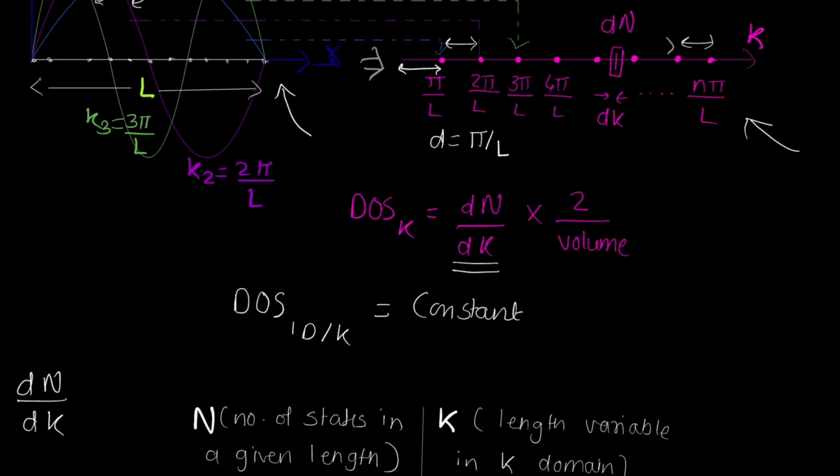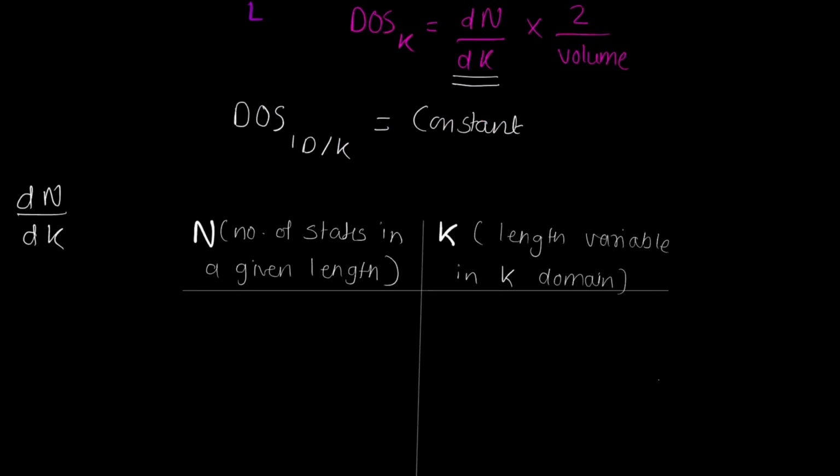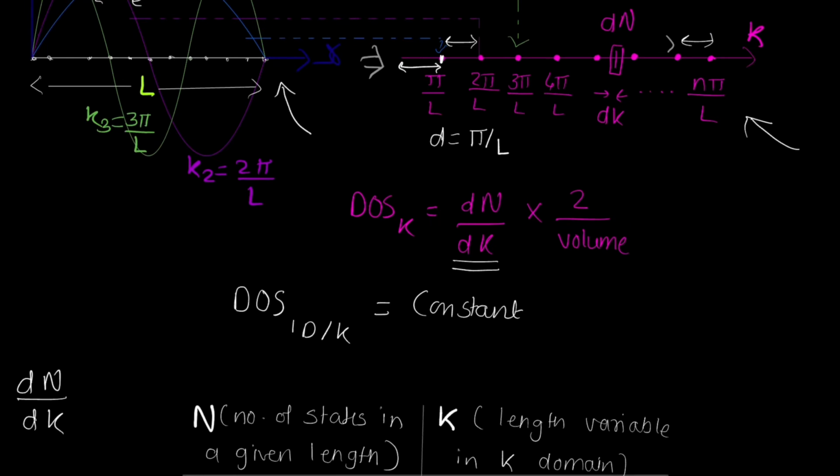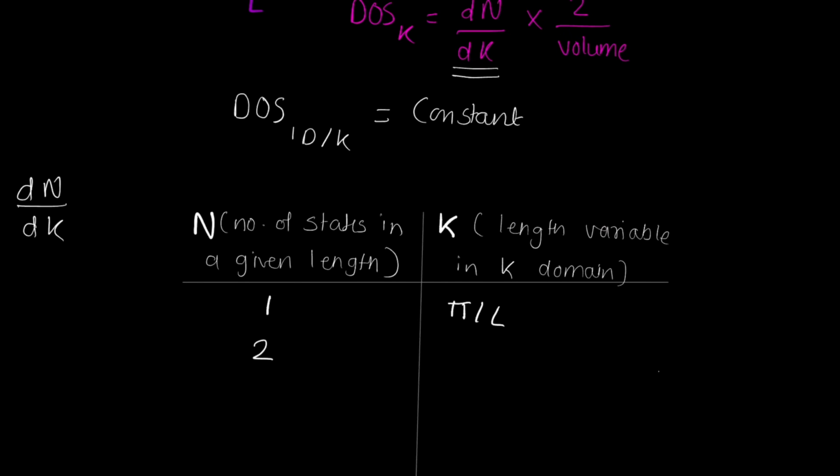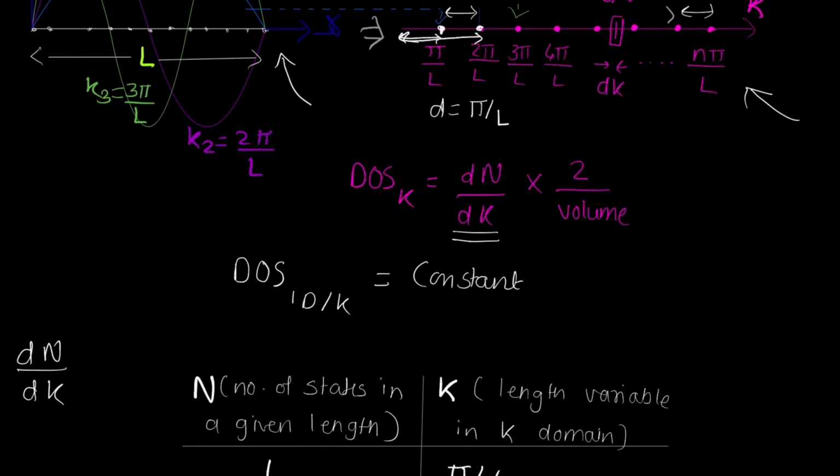So there was this one state. So for a distance of pi by L, the total number of states was 1. Now when the distance was increased to 2 pi by L, the total number of states was this 1 and 2. So 2 states in the distance of 2 pi by L. Similarly, in the distance of 3 pi by L, there were a total of 1, 2 and 3 states.